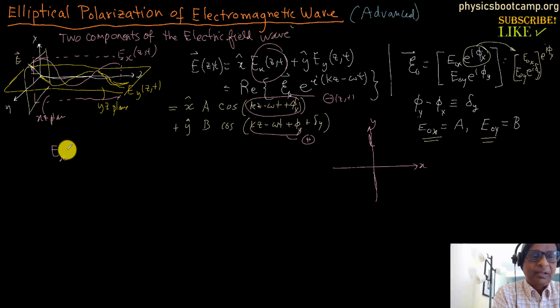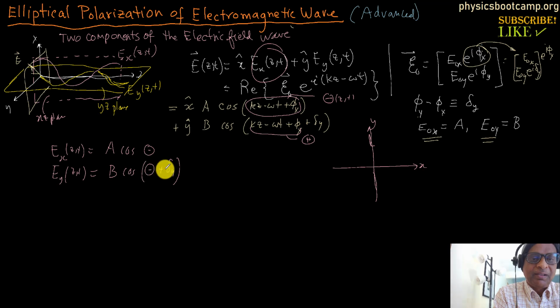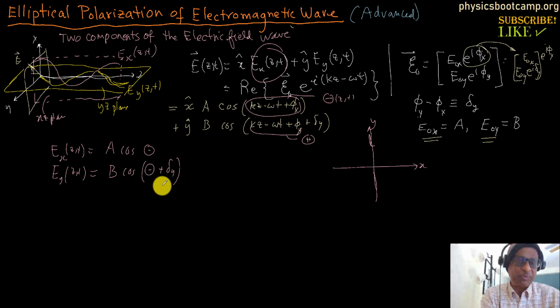Okay, so the ellipse will be in Ex of z and t is equal to a cosine theta. Ey of z and t is equal to b cosine theta plus delta y. And I need to get some kind of cosine square plus sine square deal here, right?